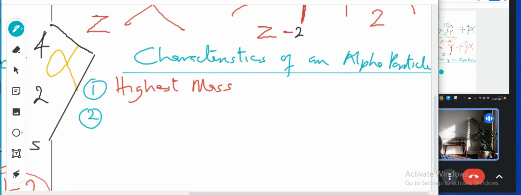It is most ionizing. You know what it means to ionize?